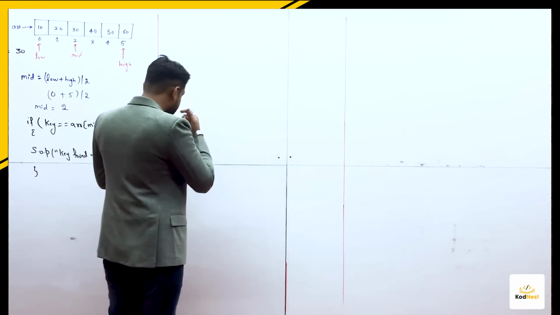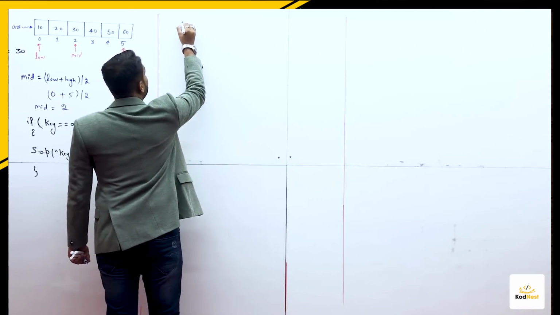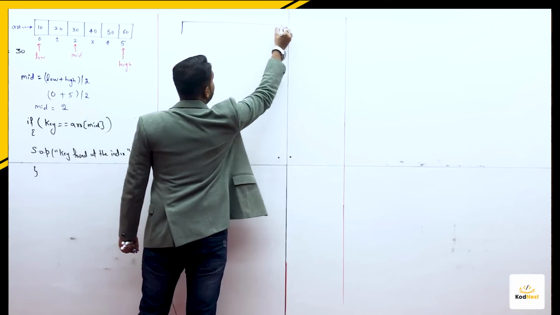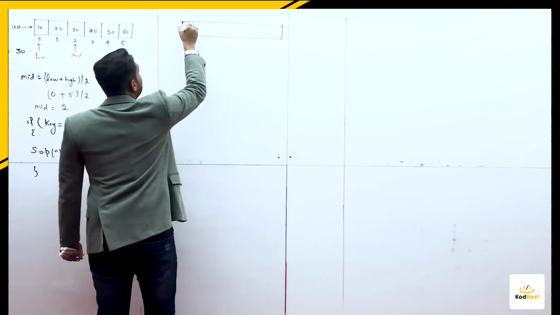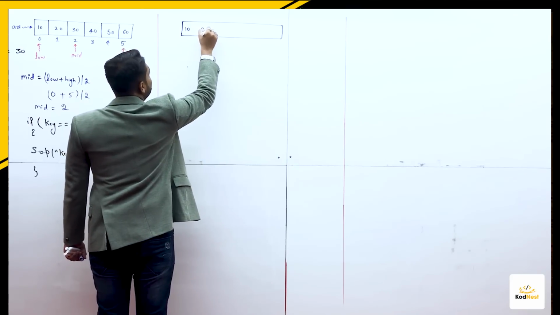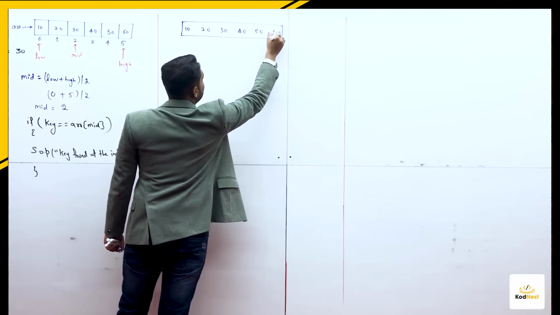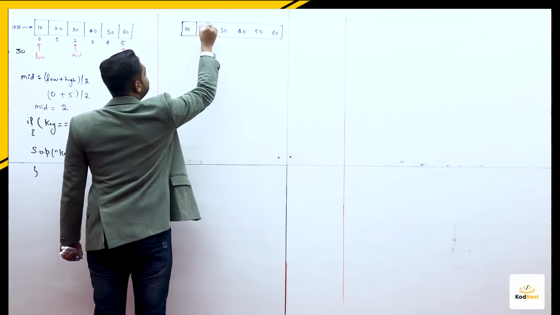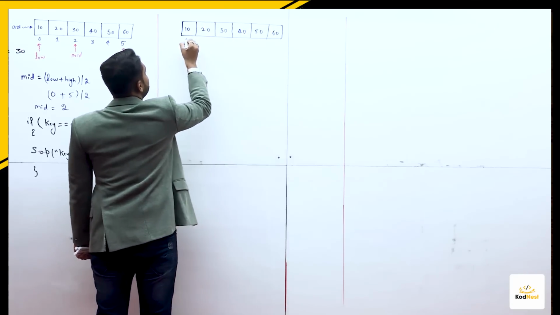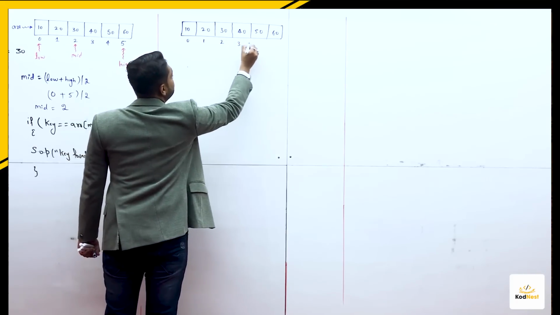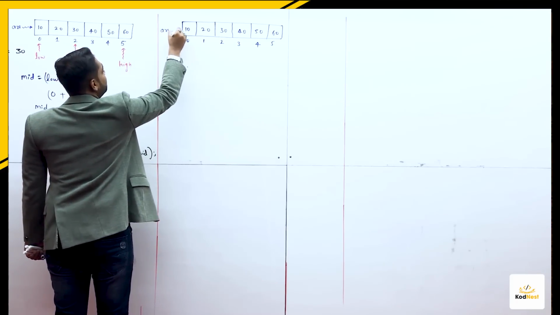Okay, say supposing this is the array. The same array I am writing: 10, 20, 30, 40, 50, 60. The indexes also would remain the same, 0, 1, 2, 3, 4 and 5. Name also would remain the same.